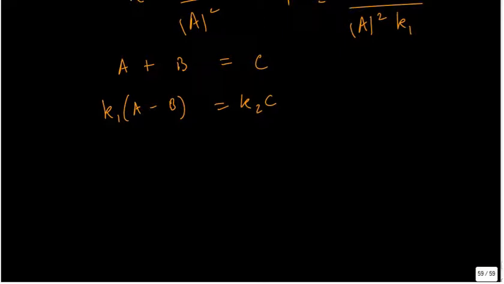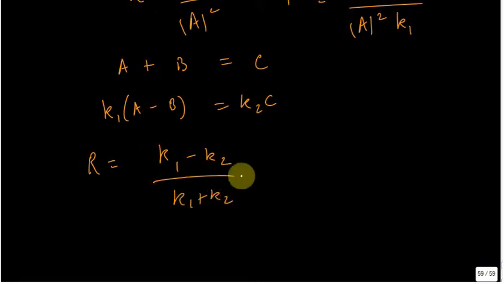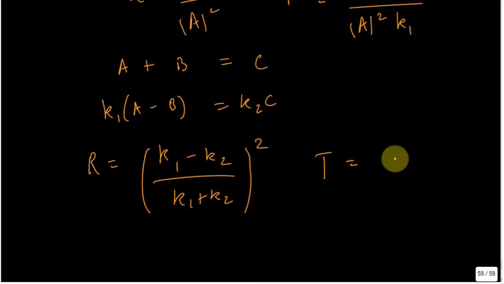equations. I can always write B in terms of A or C in terms of A, which means I can get my ratios. And solving that, what I'll get, let me write that, the reflection comes out to be K1 minus K2 by K1 plus K2 square, and transmittance comes out to be, well, it's 1 minus reflection, right?